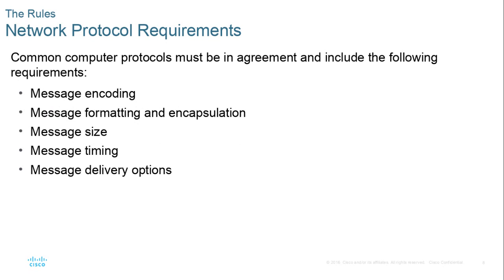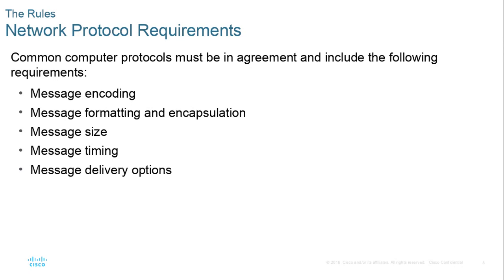Message formatting and encapsulation. We have to have the text of the message, and the commands have to be properly formatted for that programming language to understand it. So an HTML formatted request for a web server to send you a web page back would be completely different formatting than when you click send on your email and you're transmitting an email to an email server. They use different formats.